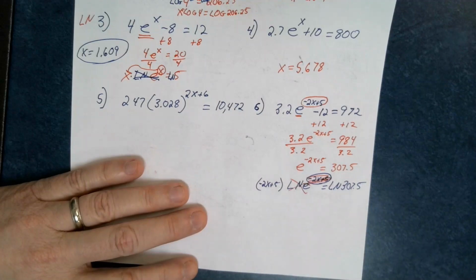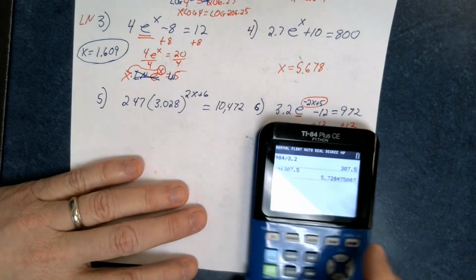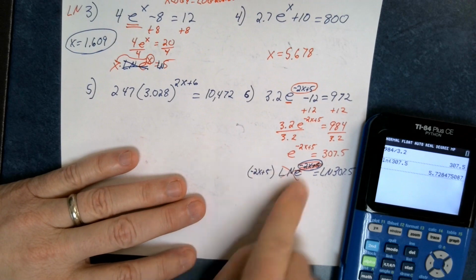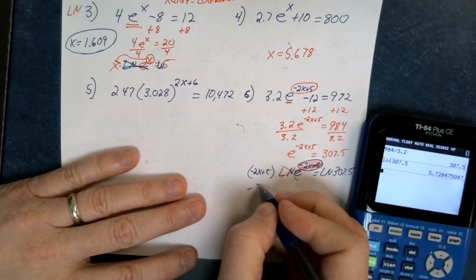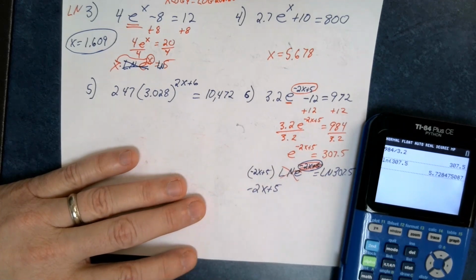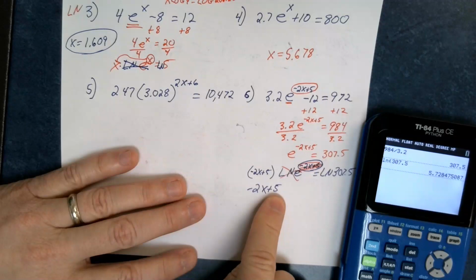So I'm going to go ahead and do that. Natural log of 307.5. I get that number. And now I've got negative 2x plus 5 with nothing else on this side, which means the parentheses become irrelevant. I can just get rid of them. Trying to get the x by itself, so my next step is to move the 5 over, right?